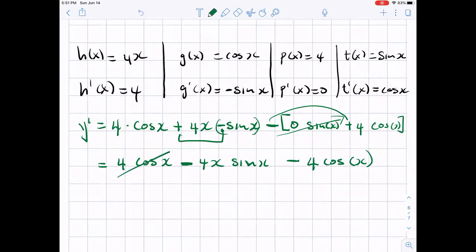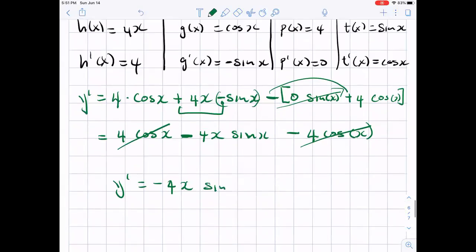So this cancels with that. So y prime is equal to negative 4x sine of x.